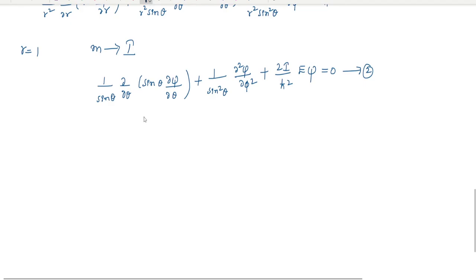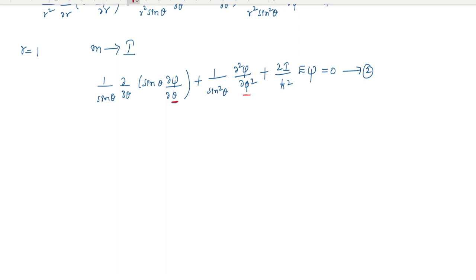This equation consists of two variables. One is theta, another one is phi, which represent the precessional motion of the rotator's free axis and the rotation of the system respectively.